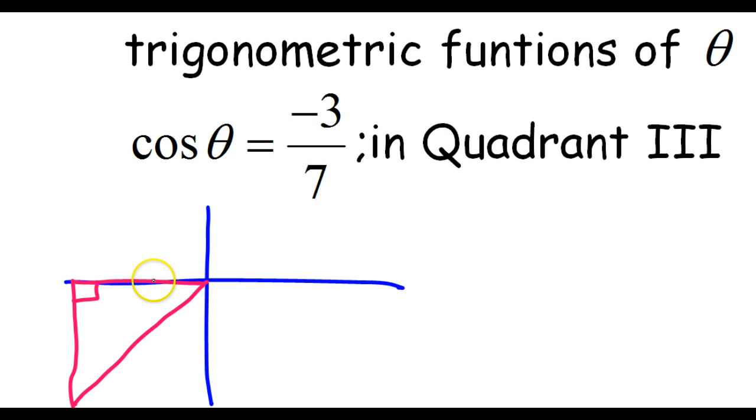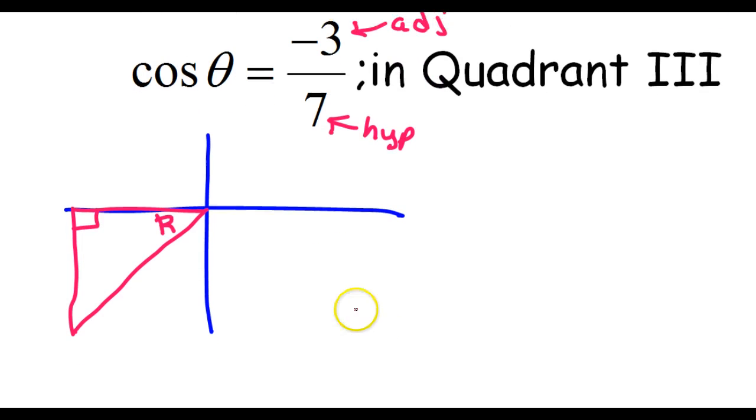Even though this is a reference angle, as long as we use the signs, for example, cosine is adjacent over hypotenuse. The hypotenuse is always positive, so there's my 7. And adjacent is right here. See how it's a -3?